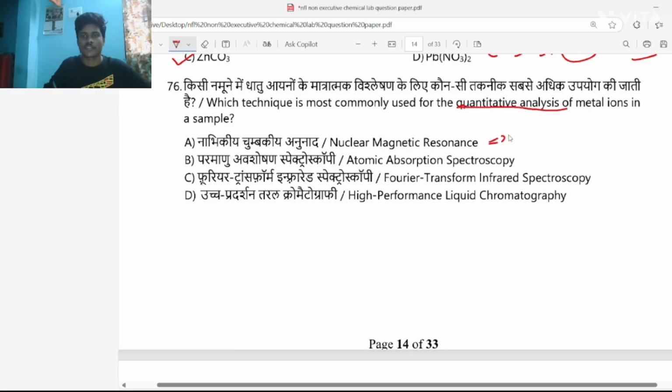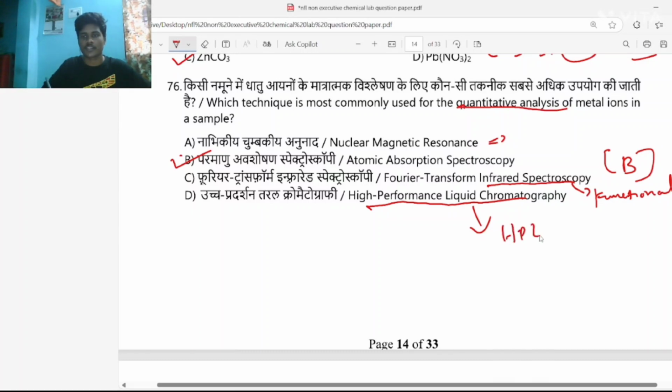Correct answer is option B. FTIR, IR spectroscopy will tell you which functional group is present. HPLC, high performance liquid chromatography, will tell you the percentage purity, how pure your compound is. So quantitatively you will get it by atomic absorption spectroscopy. Option B is the correct answer.